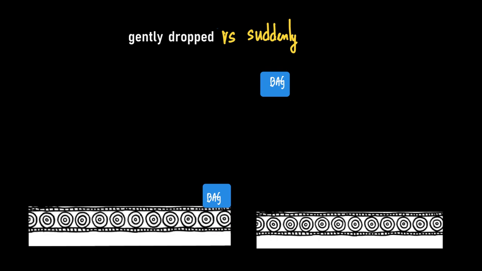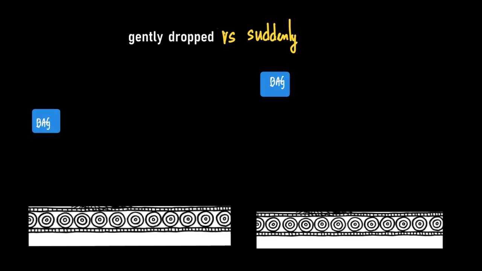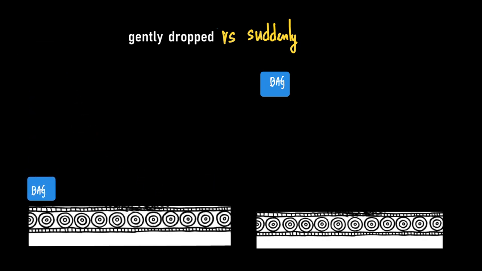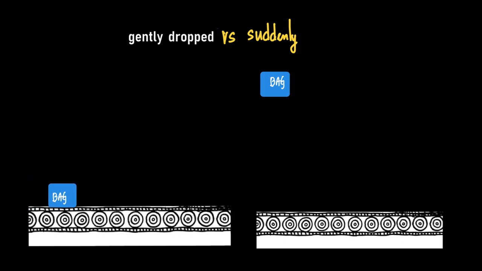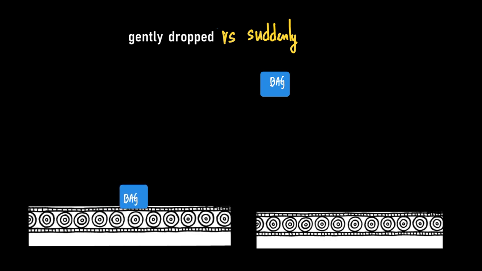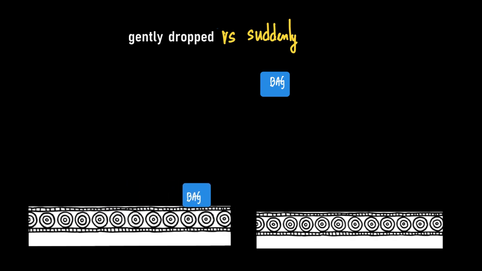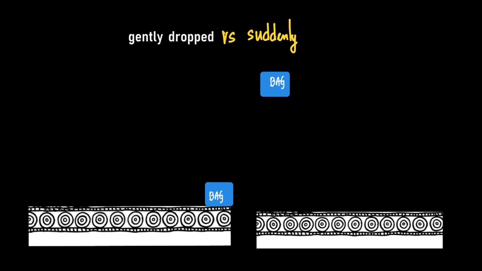I repeat, if the bag is lowered slowly, it will come to rest, then it will slowly move along the conveyor belt and eventually attain the same velocity as that of the belt.